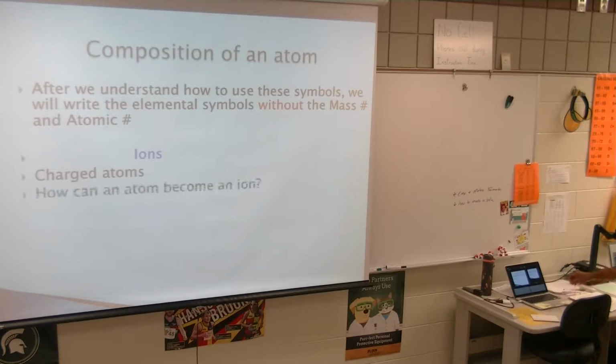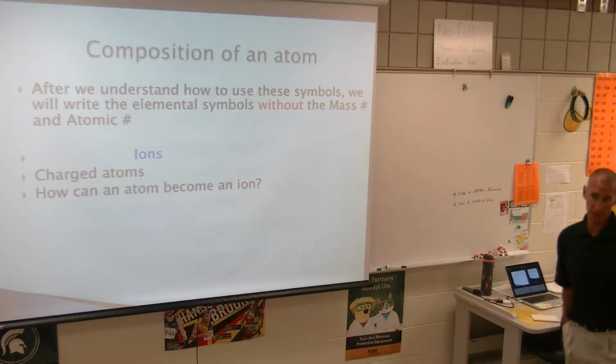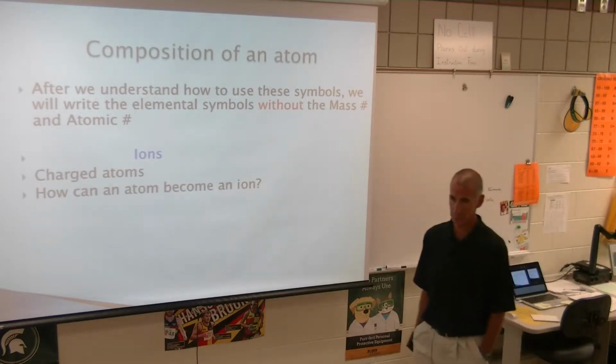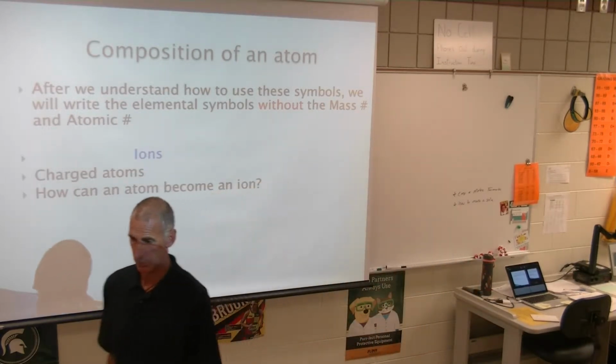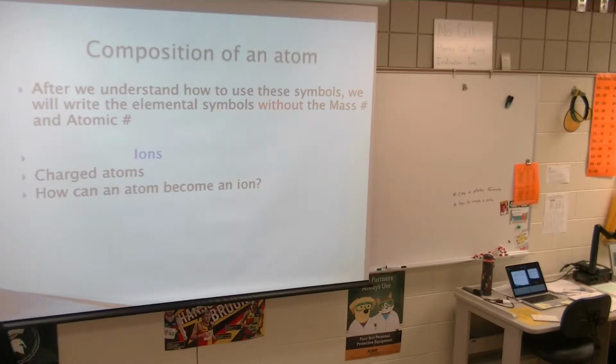So the question would be, how can an atom become an ion? There's one of two ways an atom can become an ion, and this is from the reading in 4.3. If you read and took notes on that, it should be in there someplace.